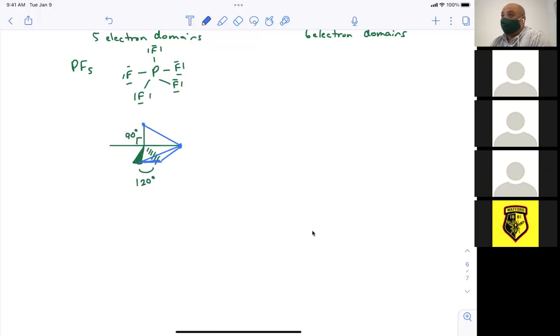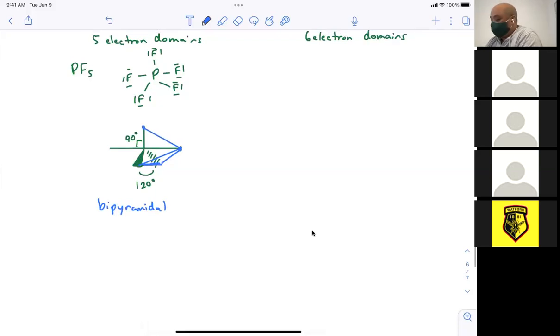And guess what? There's one on the top, there's one on the bottom. So guess what you call it? Bipyramidal. Sorry, I should have given you a chance to answer that. Trigonal bipyramidal if you prefer, but bipyramidal is fine because there's 2 pyramids stacked on top of each other to make that. So that's bipyramidal.